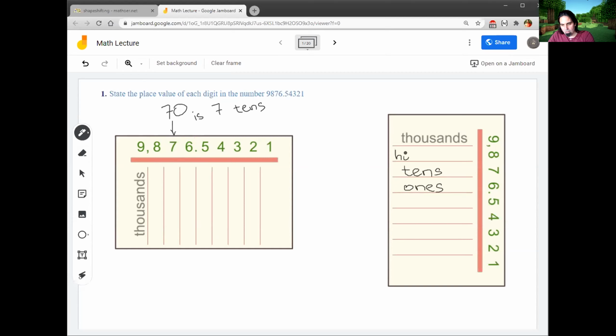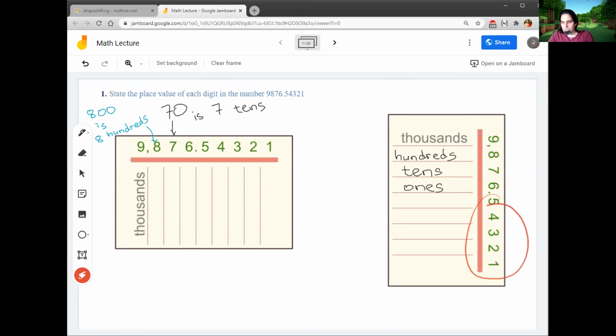So hundreds. So this 8 is 800. And so on. Okay, we could keep going. Ones, tens, hundreds, thousands, 10,000s, 100,000s, millions, and so on.